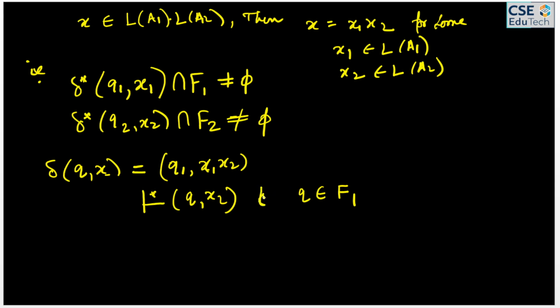For some q belongs to f1, right? So, no, sorry, it should not be q, it would be p, some state p, because there will be a confusion with the q. So now we assume that it is a p, right? Now it will be p, and we can write epsilon of x2, because there is an epsilon transition and the string will remain the same.